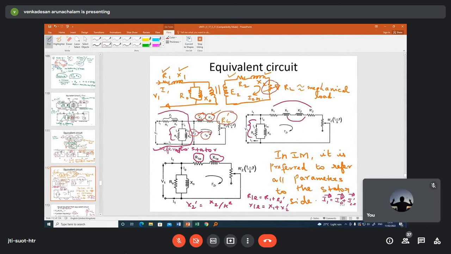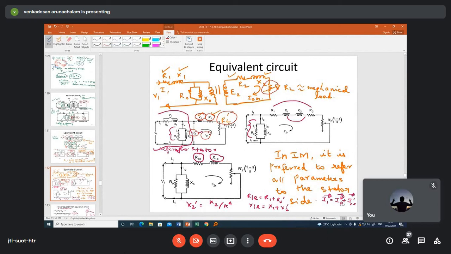And X2 dash, R2 dash, RL dash, I2R dash, E2R dash, everything is very similar to the transformer. You can refer to the transformer, referring secondary side parameters to the primary. Similar analysis, only here we are referring rotor side parameters to the stator.